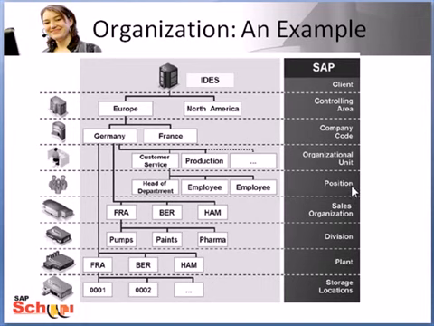So position could be sales rep, head of department, service engineer, and so on. A sales organization is the central organizational element in sales order management that controls the terms of sale to the customer. A plant can manufacture products, distribute products, or provide a service.